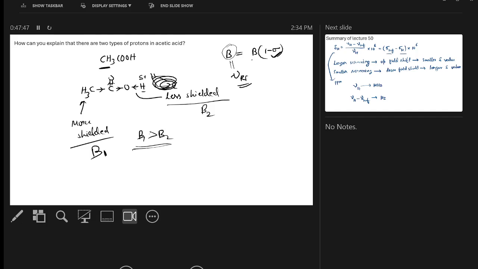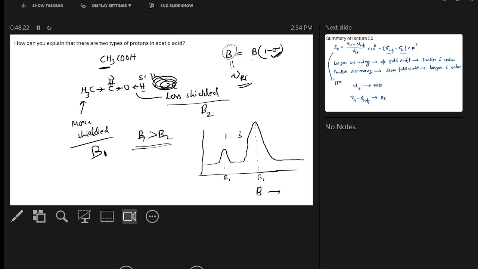So if you draw the spectra, first for this hydrogen the peak will come. So I will draw in this direction. Okay. And for this, the ratio will be 1:3. For one hydrogen you get one peak; for three hydrogens the intensity will be different. And this will be your magnetic field. Okay. So this is your B1 and this is your B2.